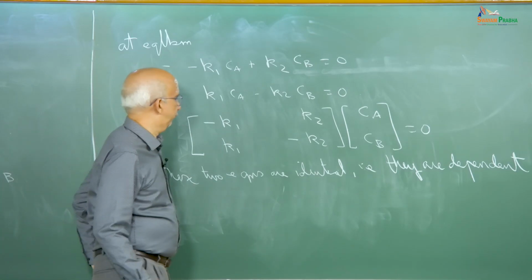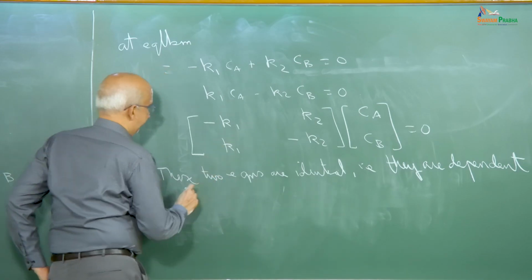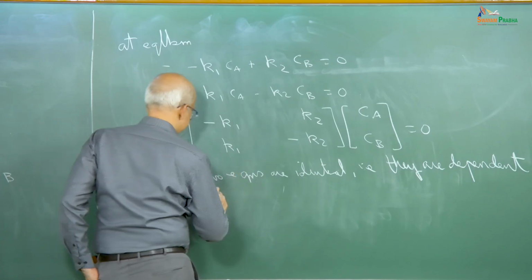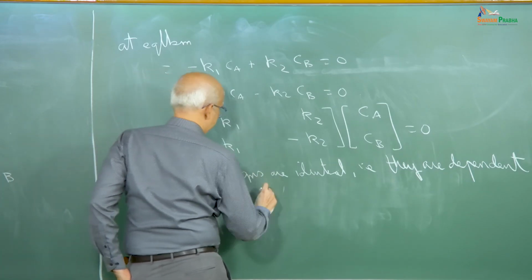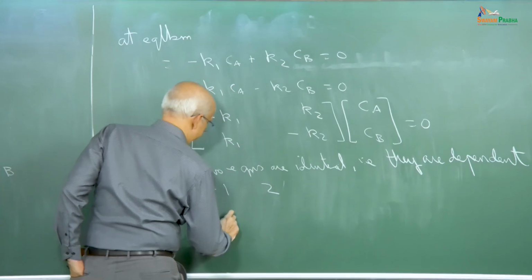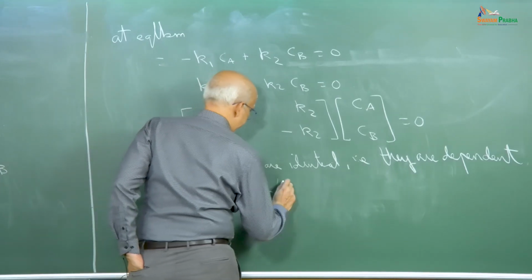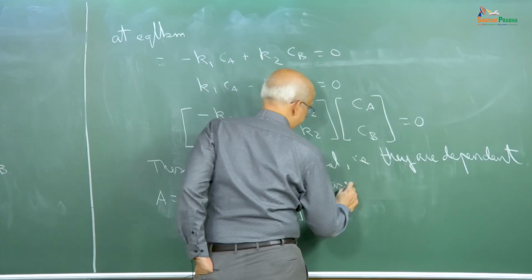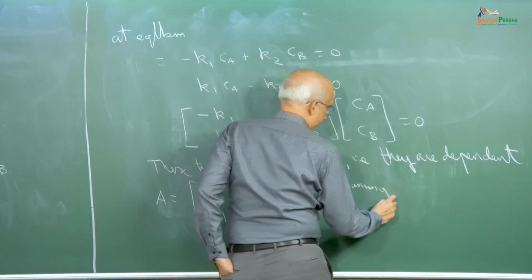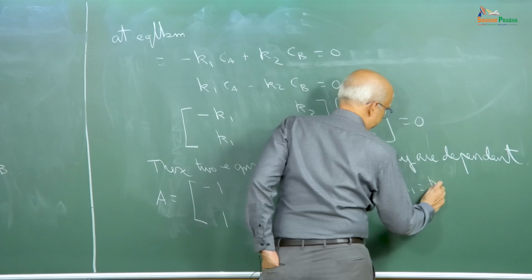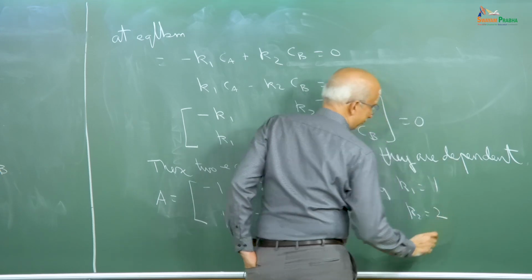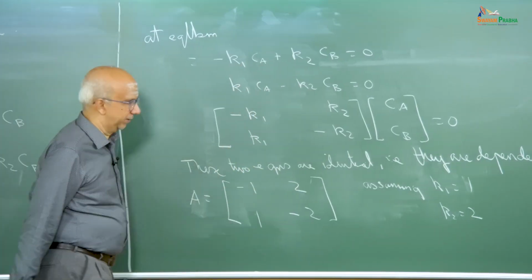and therefore, if you look at this matrix A, I will just put this as minus 1, 2, taking the same values which I wrote earlier, assuming K1 equals 1 and K2 equals 2, just so that things become clear.